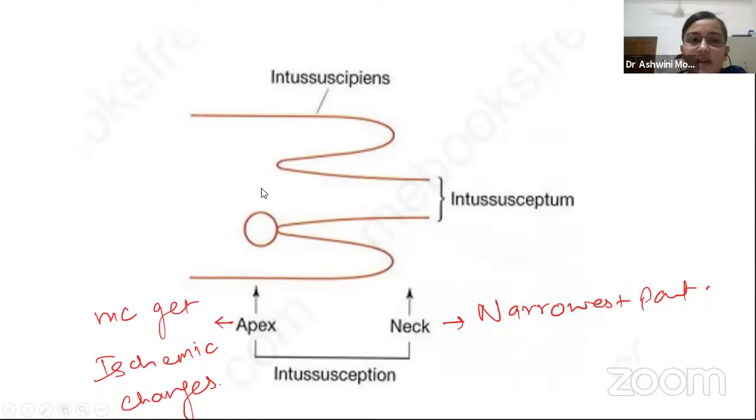The proximal one is coming into the distal one, right? So here, the neck will be the narrowest part, but ischemic changes will be seen over here, as it is inside. And because of ischemic changes over here, you will be able to see currant jelly stool, due to the ischemic changes and bleeding from this side.